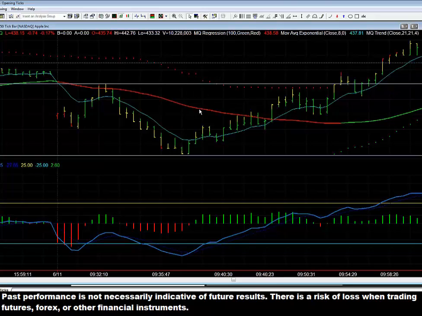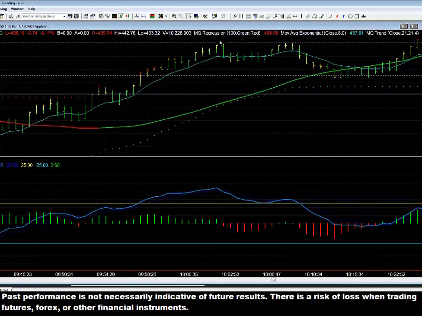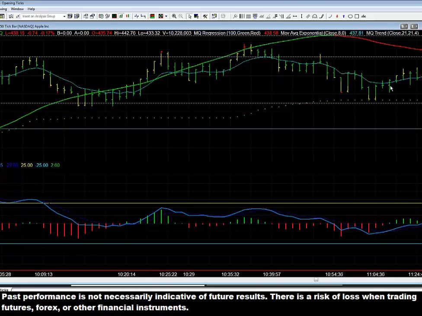MQ trend and MQ regression are both red, but we're going long. Here, this divergence is a bearish divergence. We had equally high highs. We're looking for prices to go down, so we buy a put. Again, MQ regression and MQ trend are both green. Now there is one unique phenomenon. If you look here, see this divergence?